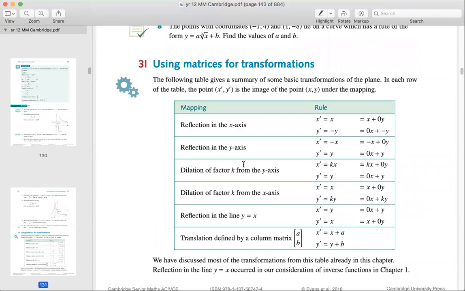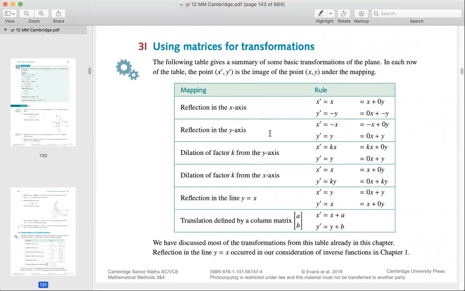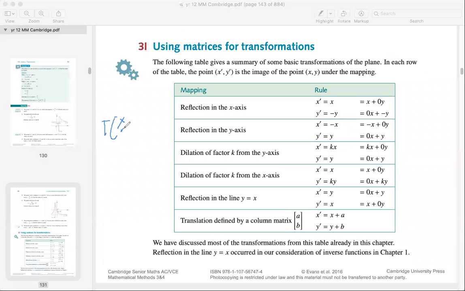And now for 3I, it becomes essential for us, and I really want to talk about matrix transformations. Here I just want to emphasize one point, okay? If in the final exam you see T(x,y) equals something times (x,y) plus something, for the left-hand side, it's always after the transformation, and the right-hand side is always before the transformation.